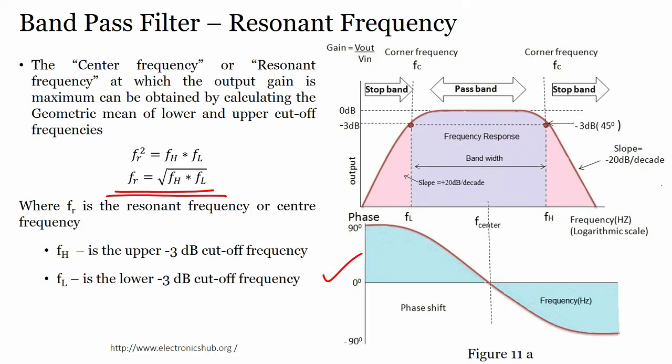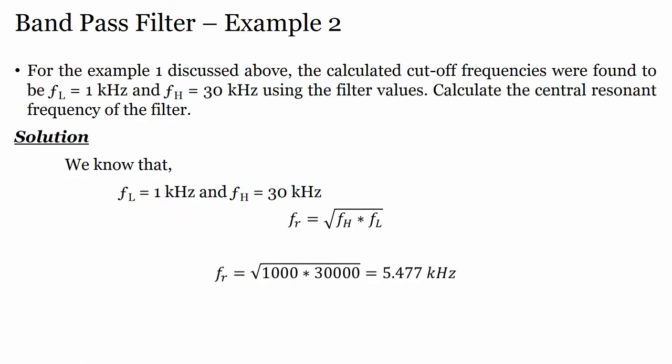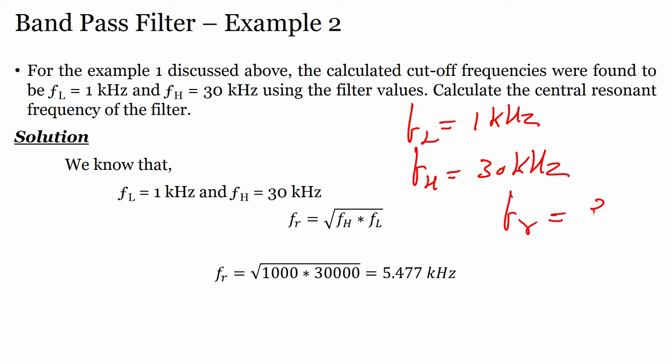If I take an example, the calculated cutoff frequency was found to be FL equals 1 kilohertz and FH equals 30 kilohertz. Calculate the central resonant frequency, Fr. We already know the formula for Fr is the square root of Fh into Fl.